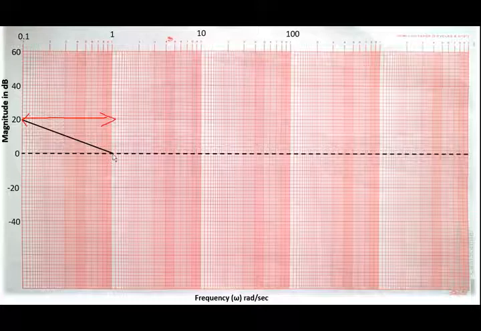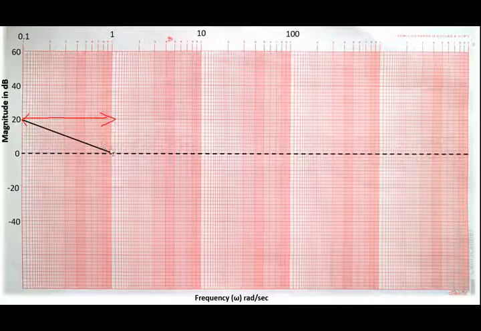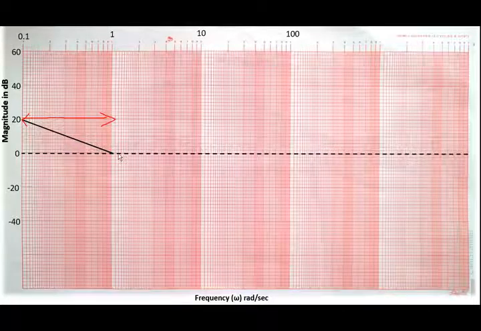This is the point I am considering, starting from here till 20 dB. This is the one division I am taking. Here it is moving from 20 dB to 0. So it is decaying, the magnitude value is decaying. So I'll be calling this slope minus 20 dB per decade.